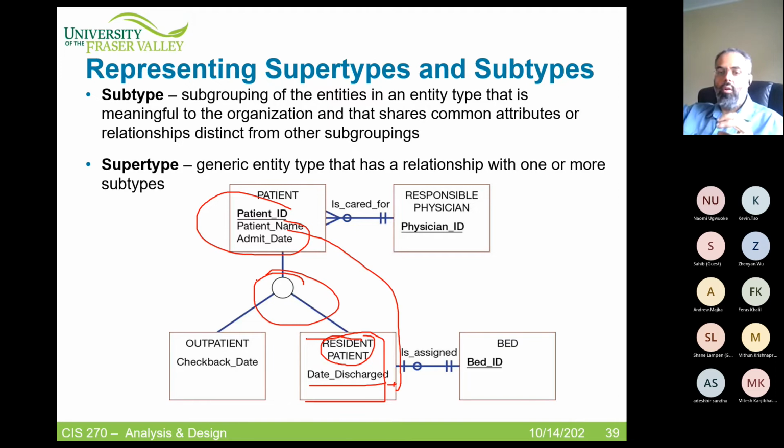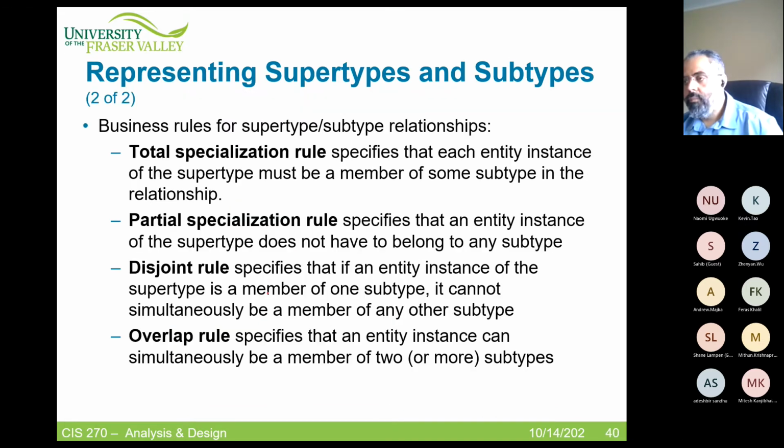It includes all the attributes of the super entity plus a special attribute for it. But this is a standalone entity, and this is a standalone entity. However, it inherits all the attributes from the super one. We also have to talk about the overlap rule. This depends on the business rules that we have.